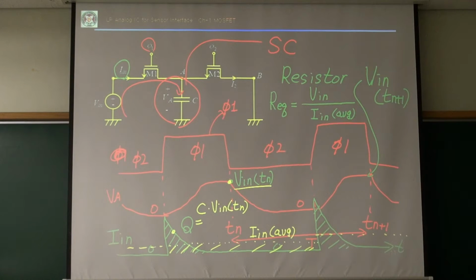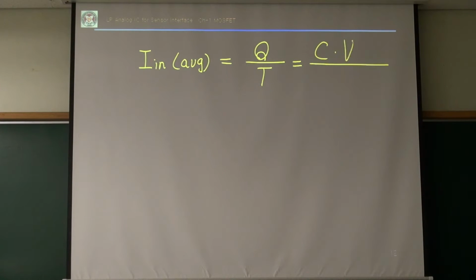So what's the average Iin? That's Q divided by period T, right? This Q is only C times Vin.